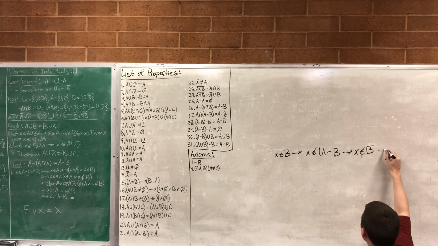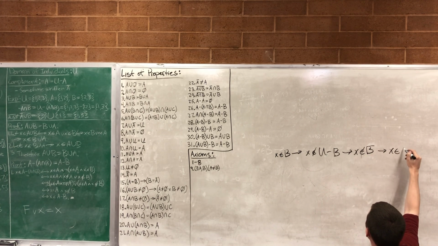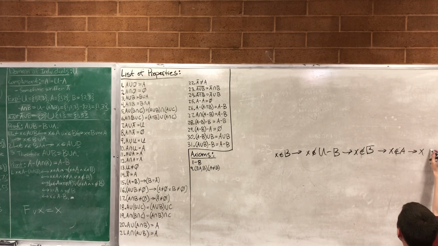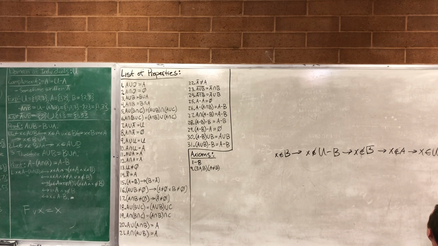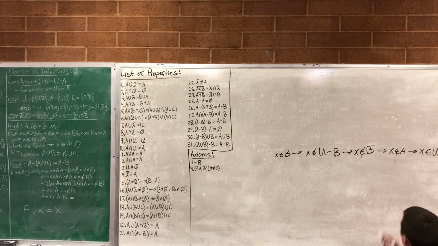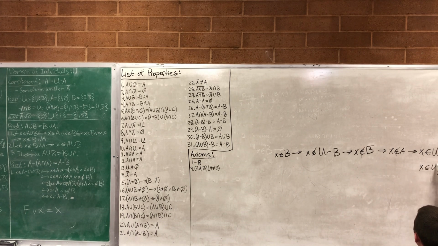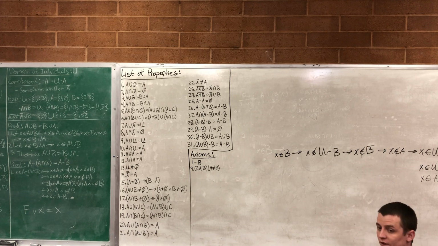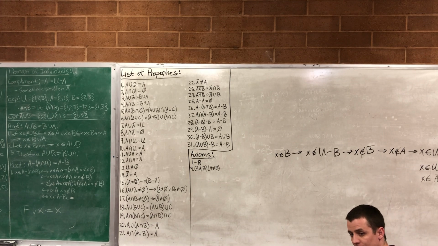And now I know B complement is equal to A. So X is not in A, which gives me X is in U, and X is not in A, because X is always in U. That means X is in U minus A. It's in U, and it's not in A, so it's in U minus A, which gives me X is in A complement. You could spell it out more if you want, but it's going to be that same thinking.